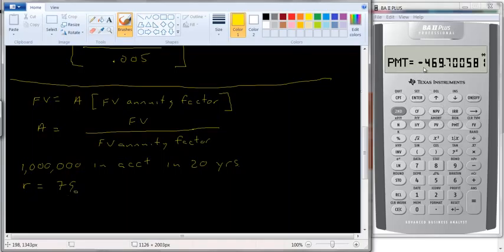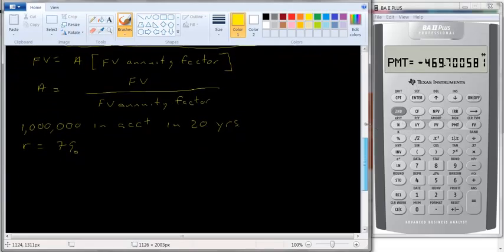Let's ask ourselves, how much do you need to save each year in order to reach that goal? So what do we have here? Well, we have the future value is $1 million, the interest rate is 7%, and the number of periods is 20 years.